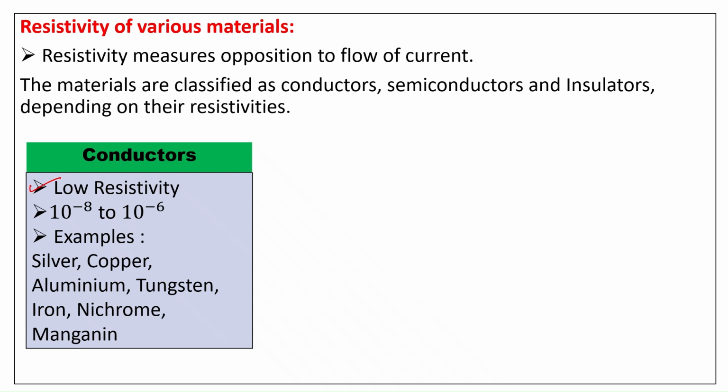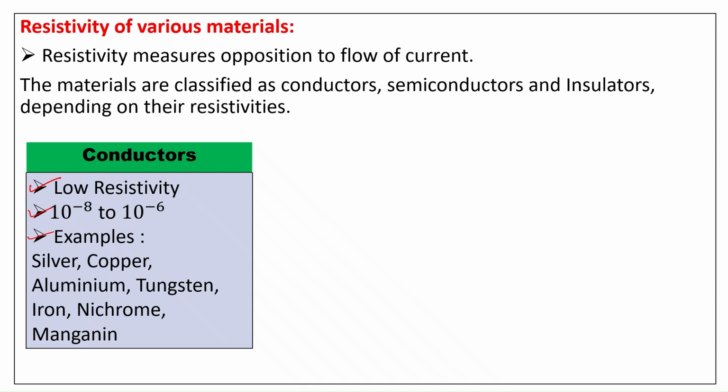The materials having low resistivity in the range of 10 to the power minus 8 meters to 10 to the power minus 6 meters are called conductors or metals. Examples of conductors are silver, copper, aluminium, tungsten, iron, nichrome, manganese, etc.